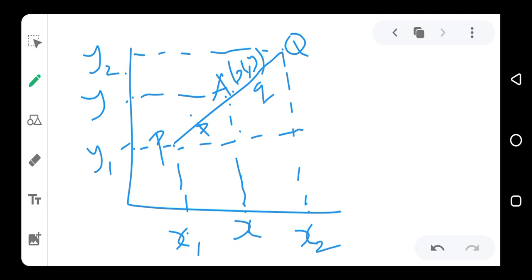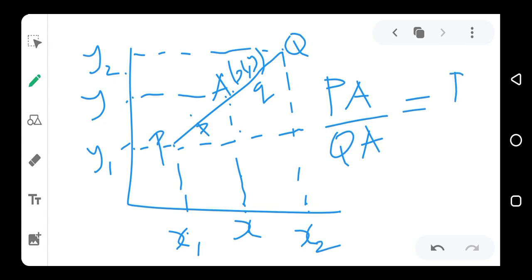Now, what it means is that PA over QA is equal to the ratio P over Q. Now the coordinate of the line PA is what?